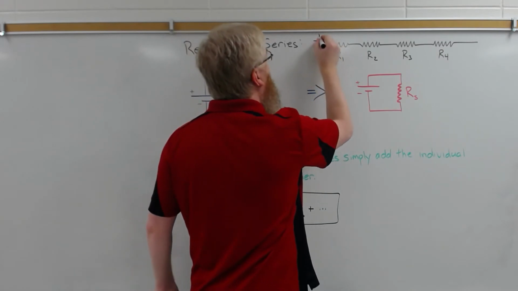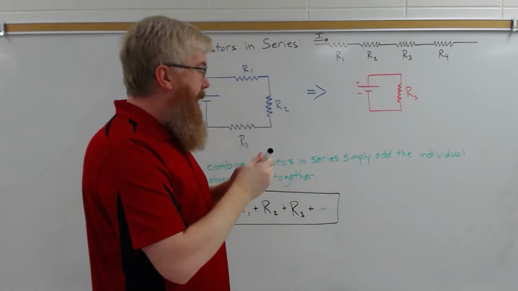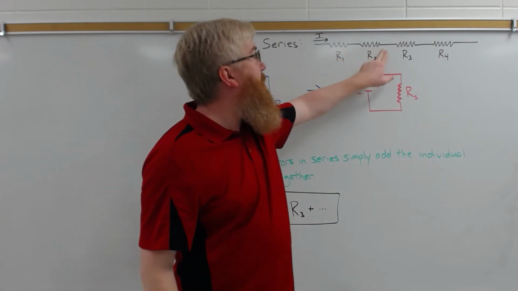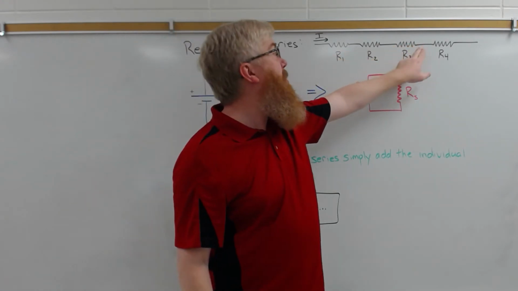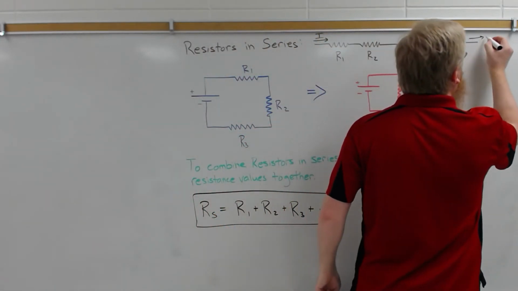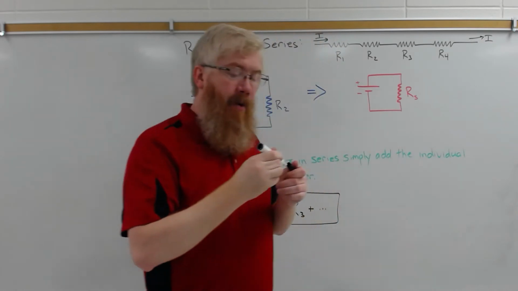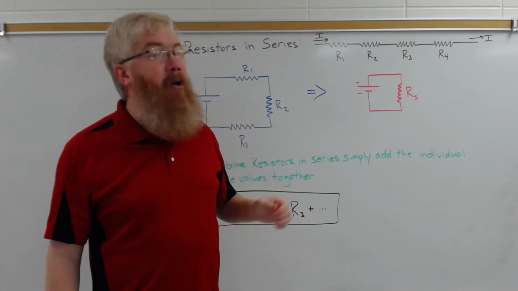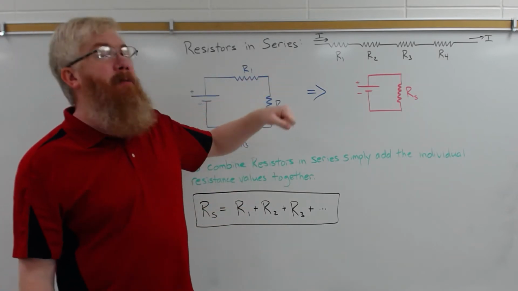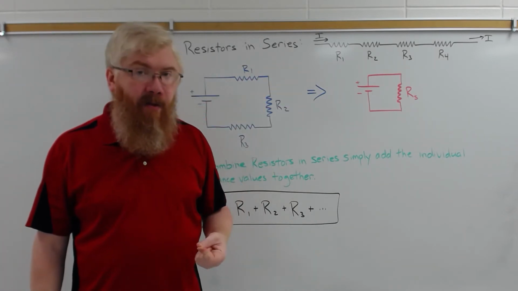That current has to go through resistor 1, it doesn't have a choice. It has to go through resistor 2, it has to go through resistor 3, and it has to go through resistor 4 and come out the other side. It doesn't have a choice in the matter. It has to go through all 4 of those circuit elements. So those circuit elements we say are in series.